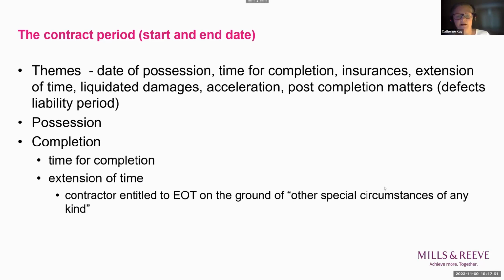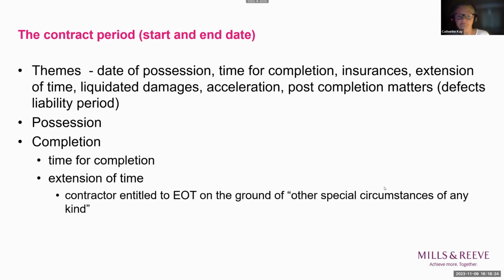Date of possession, time for completion, insurances, which are triggered obviously by the start date, extension of time, liquidated damages, acceleration, to accelerate or not to accelerate on a particular project, post-completion matters such as a defects liability period. So different elements triggered by the start date, some of which I'll touch on a little bit more in detail below. But essentially there are two bookends, possession and completion, which fit nicely together.